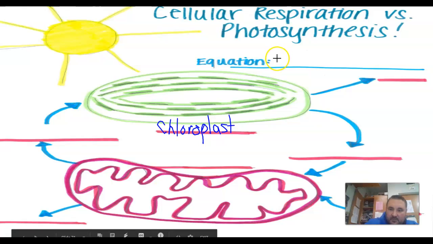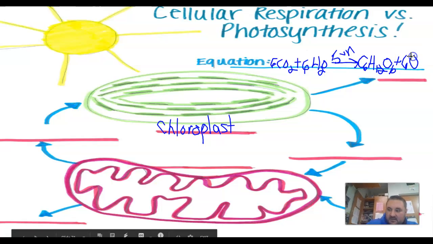So this one will be the 6 CO2s plus 6 waters, a little bit of sunlight. It's going to give us glucose, C6H12O6 plus 6 oxygens. On that line, we can put oxygen.